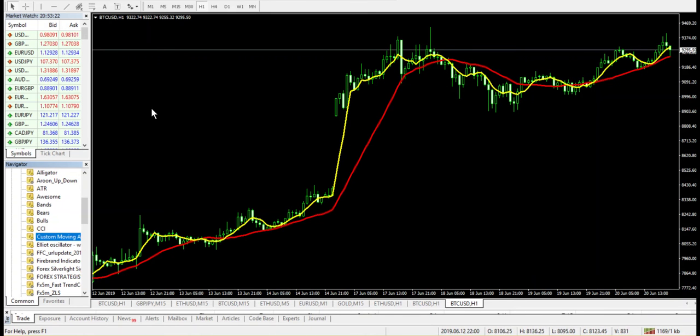There we go. Now we've got 2 of them on here. This is similar to the system I used. At any time the yellow line is above the red, we're only looking for buys. Everybody trades different, so you can use trend lines.